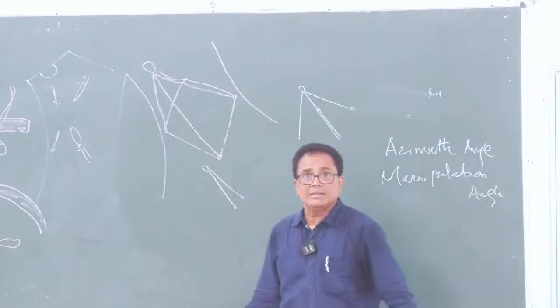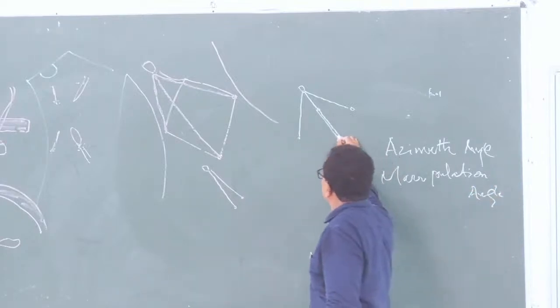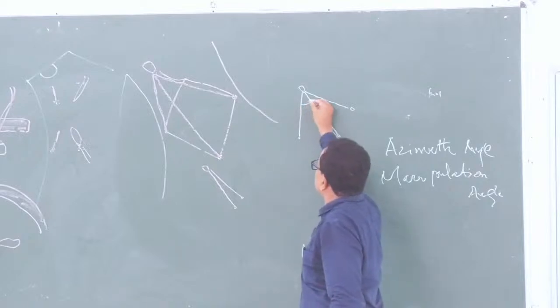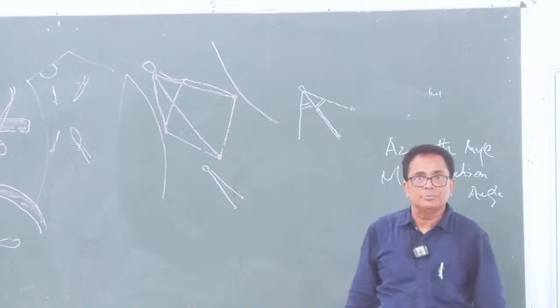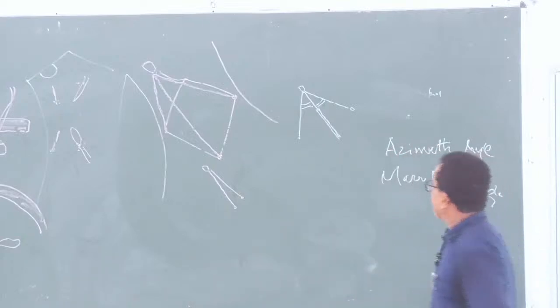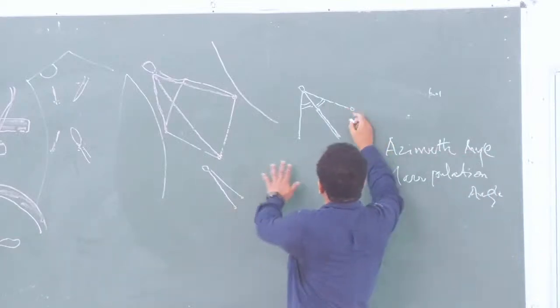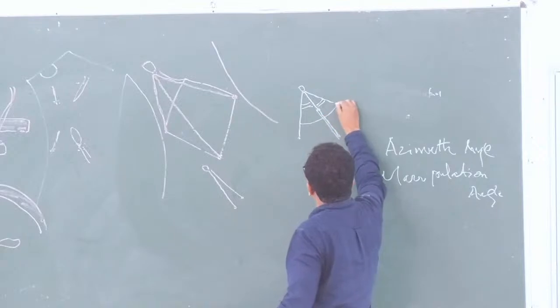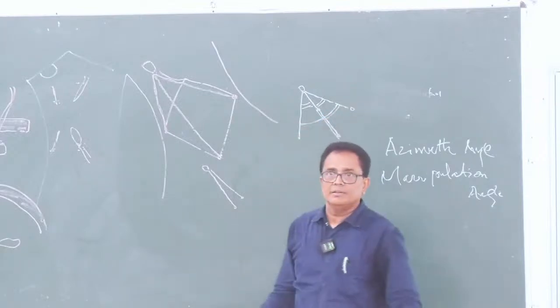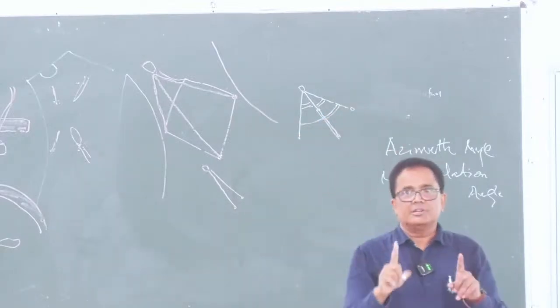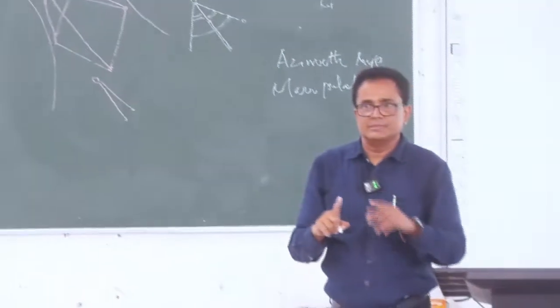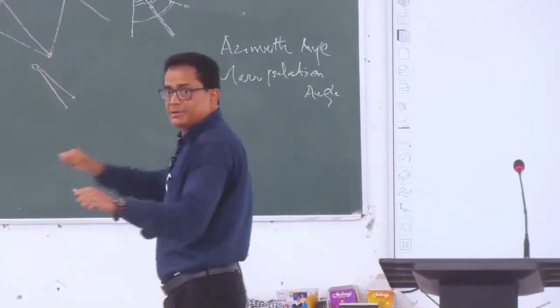What is the azimuth angle? It means the angle between the camera and each instrument. So this is the azimuth angle. And what is the manipulation angle? The angle between two instruments. That is basically the addition of both the azimuth angles. So what should be the proper distance?